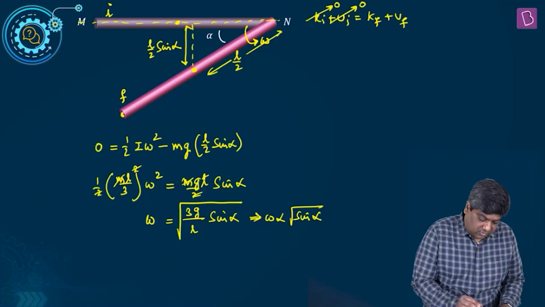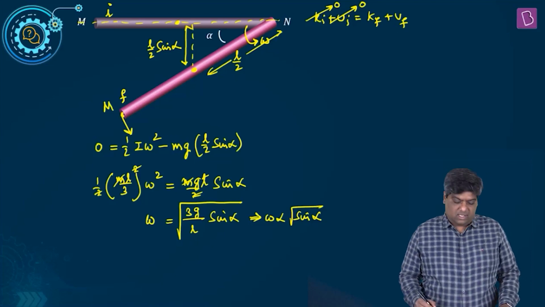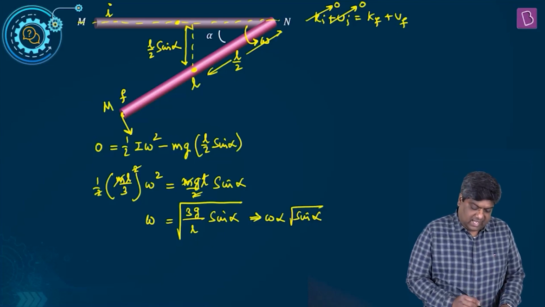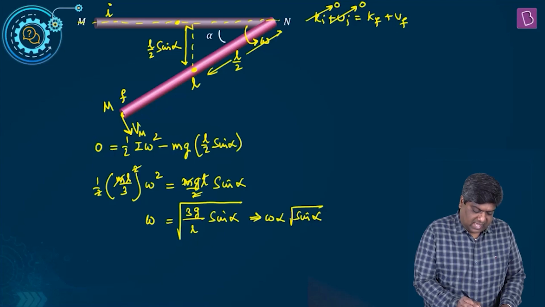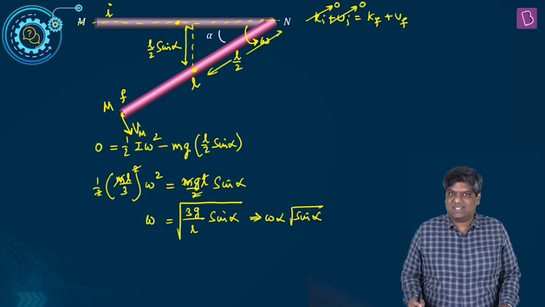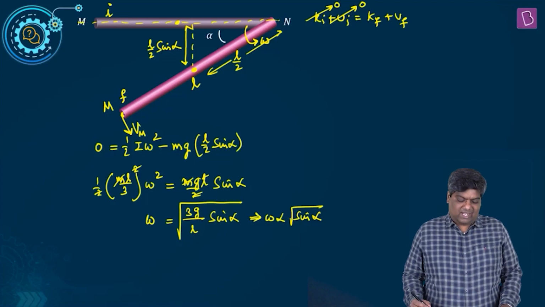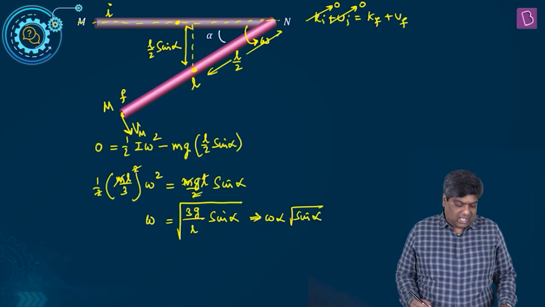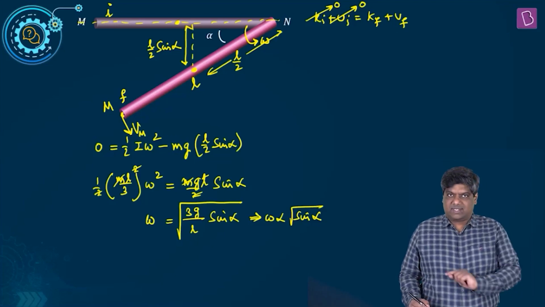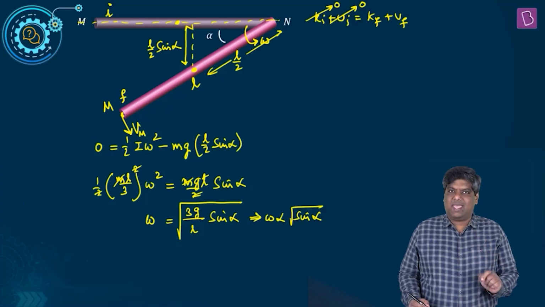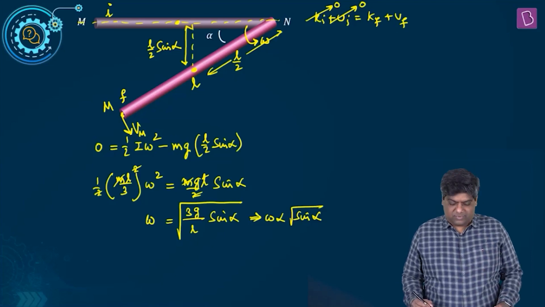Well, it is asking for the velocity of point M, which is going in a circle of radius L, and since Vm is the tangential velocity, we can write V is equal to R omega. And what is the radius of the circle taken by M? It is L, the length of the rod.